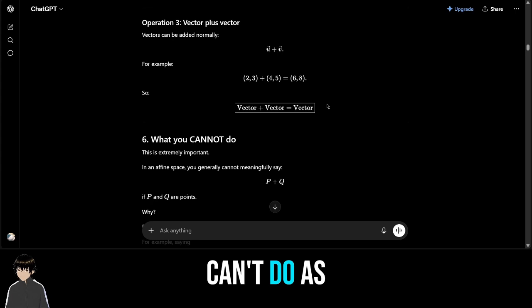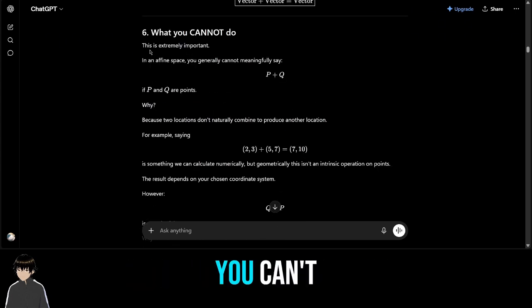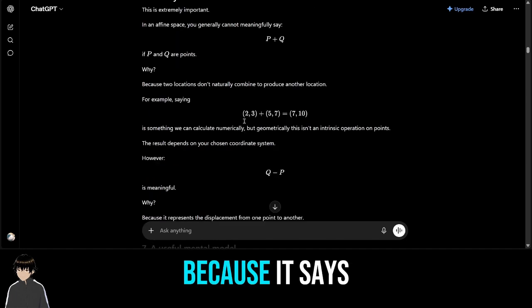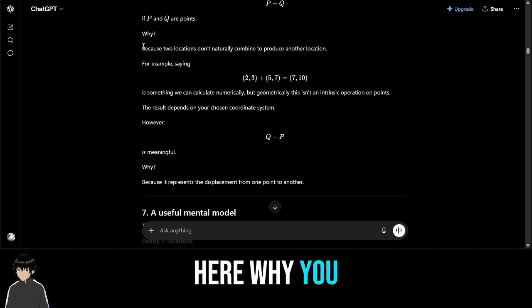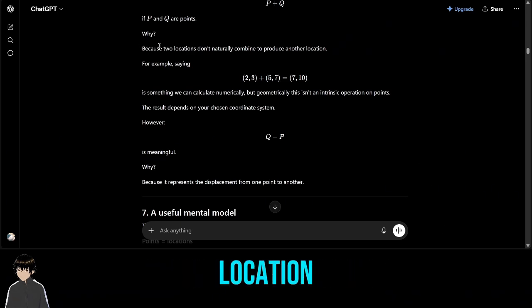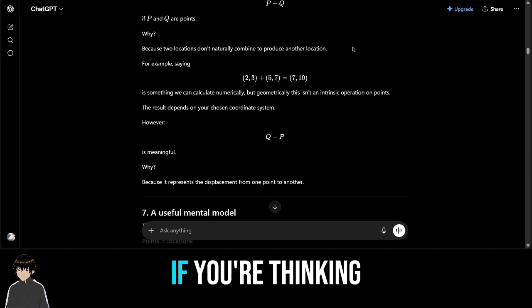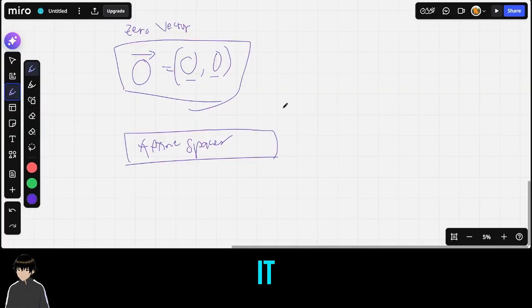But what you can't do, as I said earlier, and this is extremely important, is add two points. It says here, because two locations don't naturally combine to produce another location. That makes sense, you know? Try to visualize it.